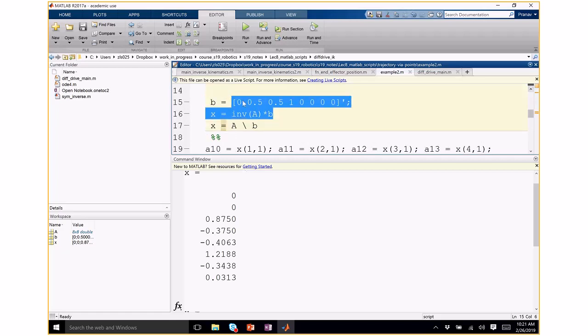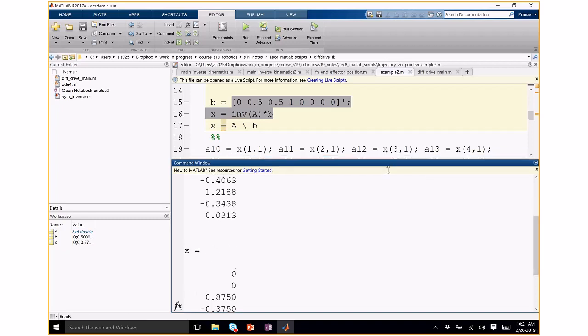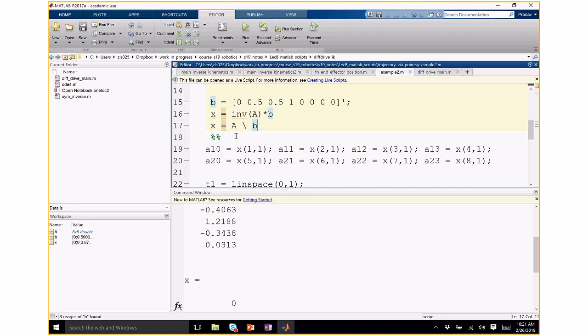And then let's see what you get if you put A backslash B. The same output, right? So that agrees. So we're good. You can use either of them. There's no real advantage for small sized A's, but if it's a really big A, then you want to use A backslash B.